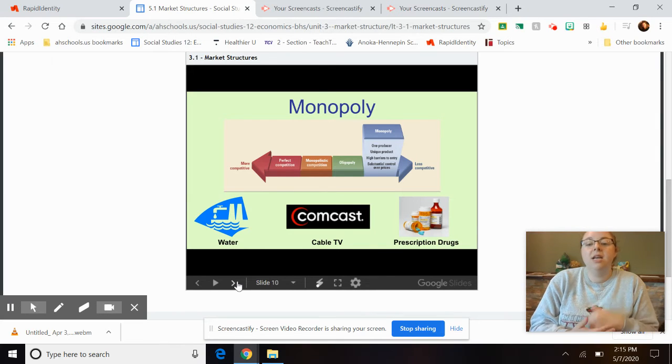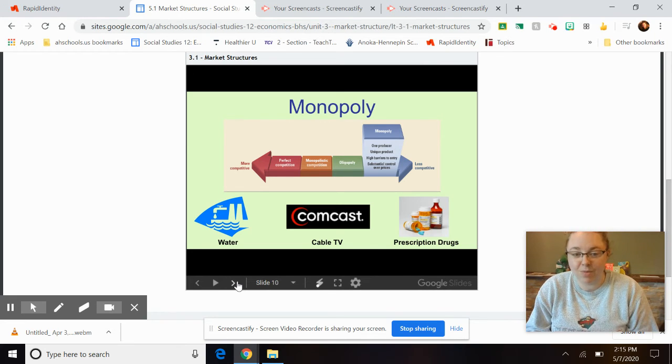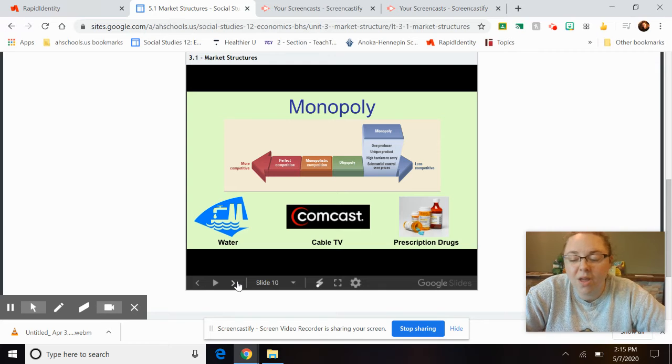It is nearly impossible to enter this market. It is extremely difficult to enter because it is a monopoly and only one person owns it. And monopolies have the most control over their pricing because they are the only option. You only have one option, so you can charge what you want for it.